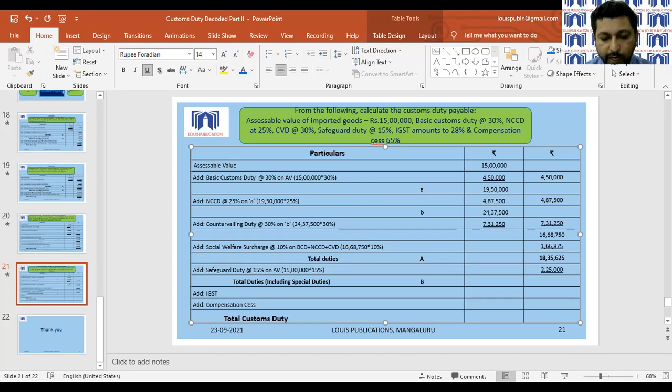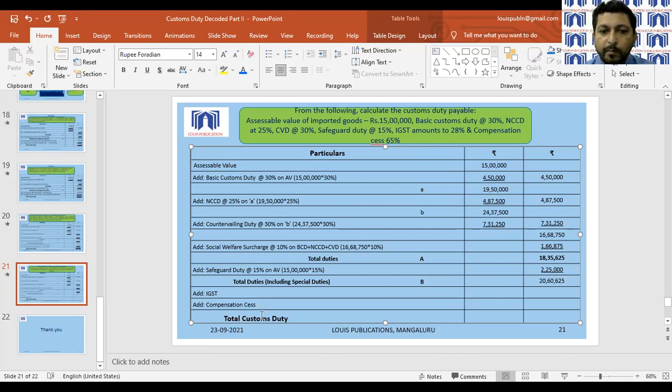That will be added to 18,35,625. There is no other special duty given, so the B value will be 20,60,625. This is the B value that we have.